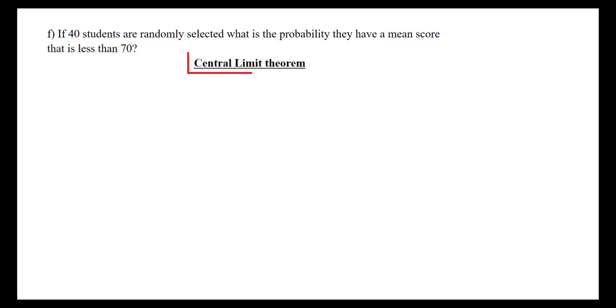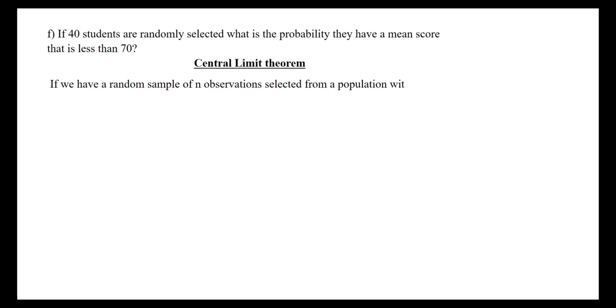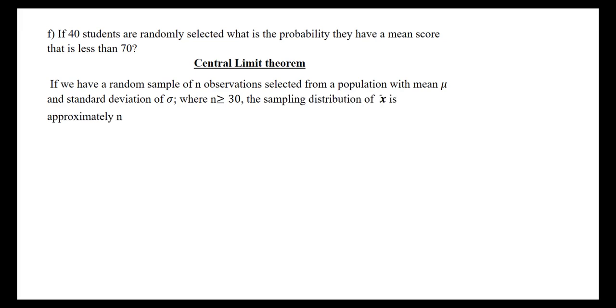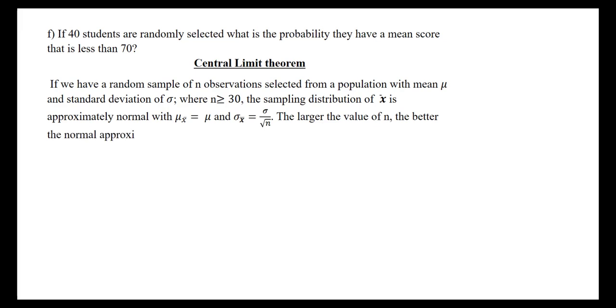The central limit theorem simply states that if we have a random sample of n observations selected from a population with a mean of mu and a standard deviation of sigma, when n is greater than or equal to 30, that is n is large, the sampling distribution of x bar is approximately normal, with mean of x bar to be mu and sigma x bar to be sigma over square root of n. Now, the larger the value of n, the better the normal approximation.